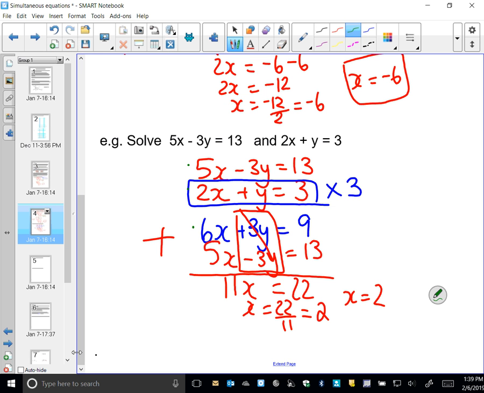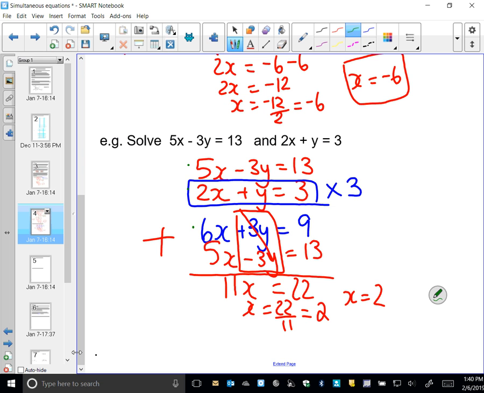So here you've got 3 different options that you can substitute your value for x in to find your y. And you will get the same answer no matter which one you choose. So it really doesn't matter.